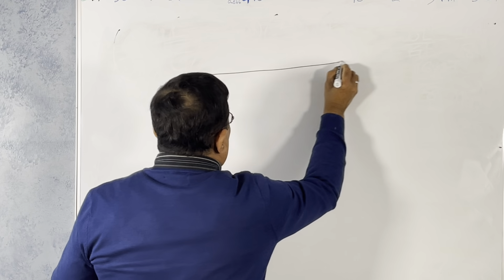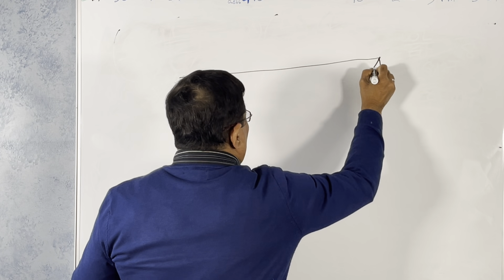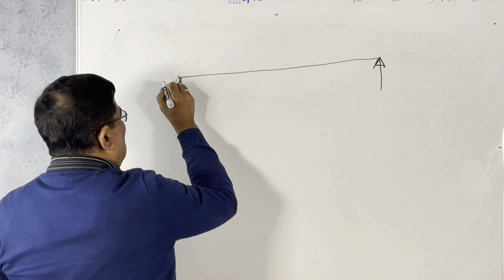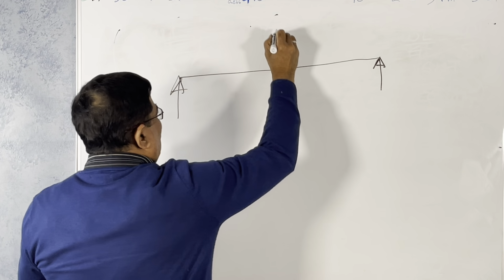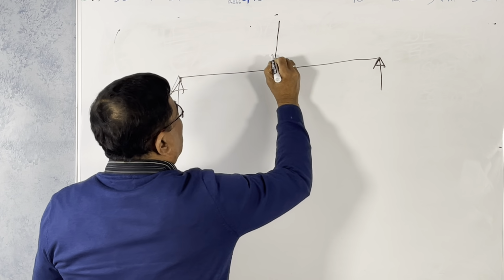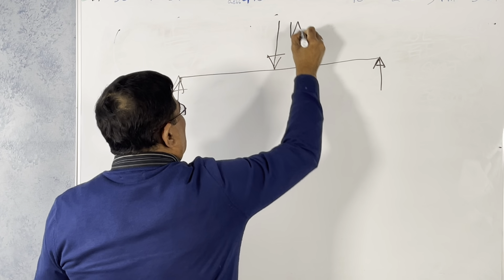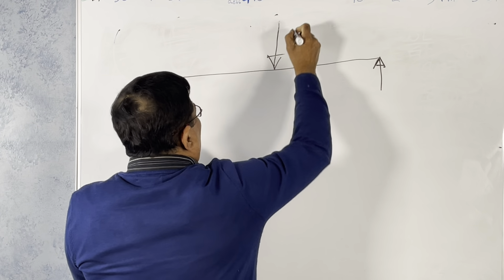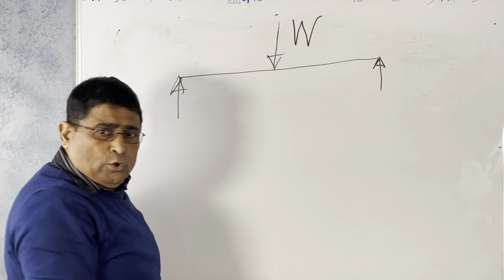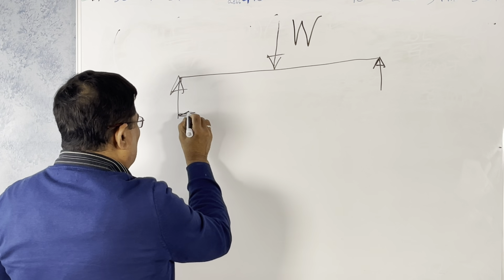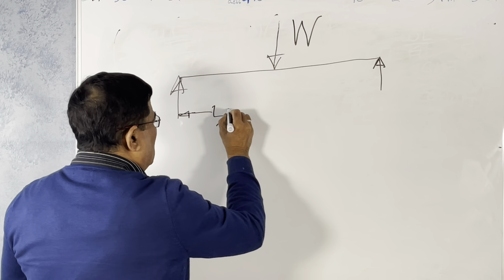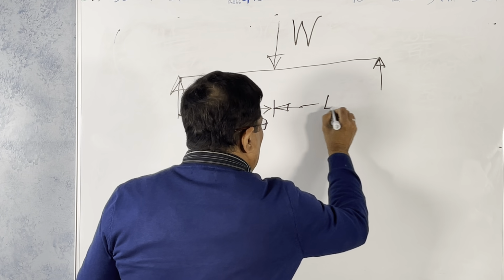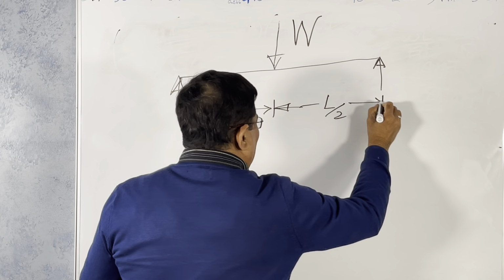If you have a beam like this, and you have the load at the midpoint, W, capital W, uppercase. It is the point load. The distance from here to here is L over 2, and from here L over 2. Total span is L.